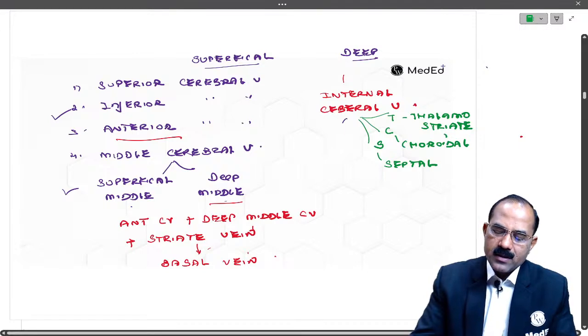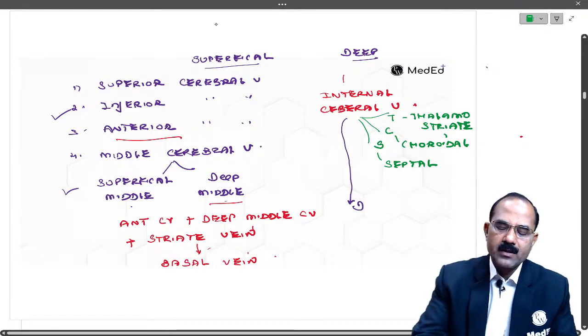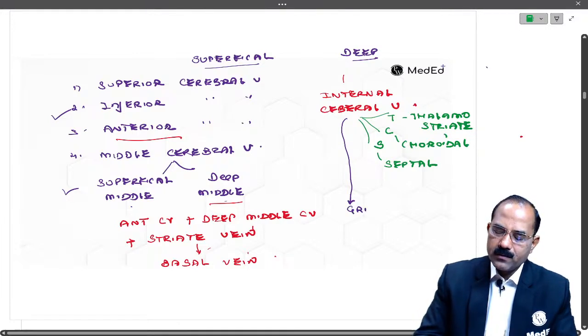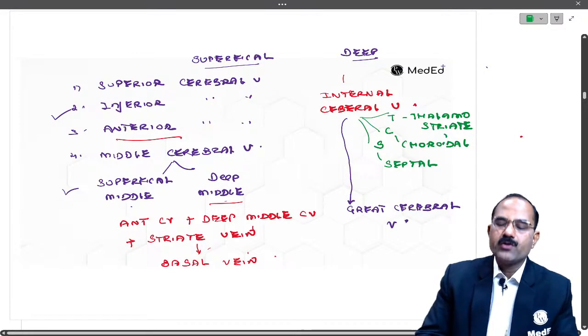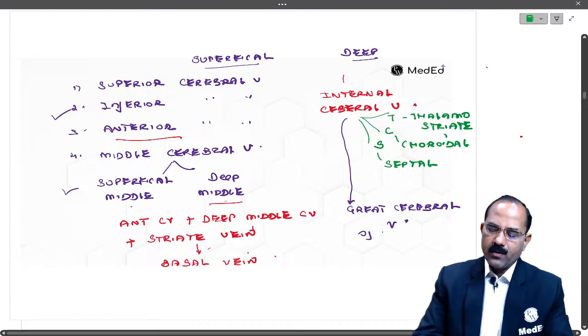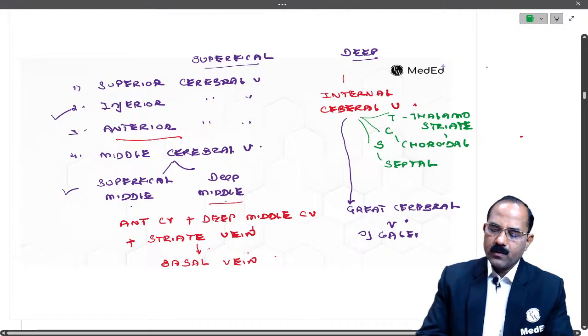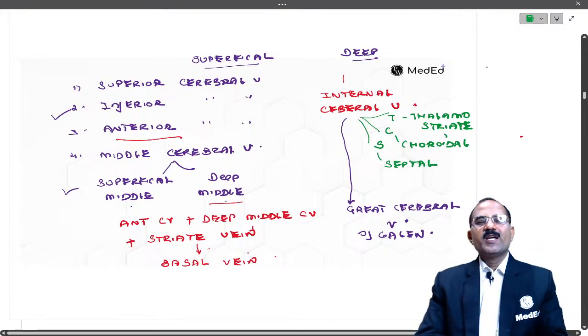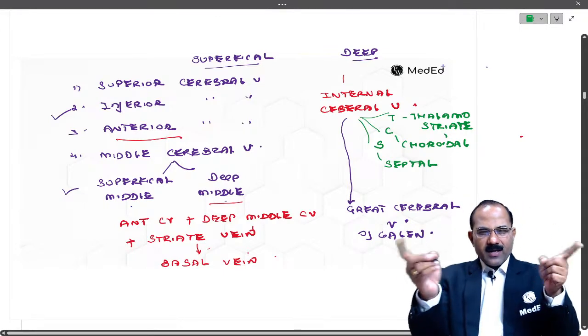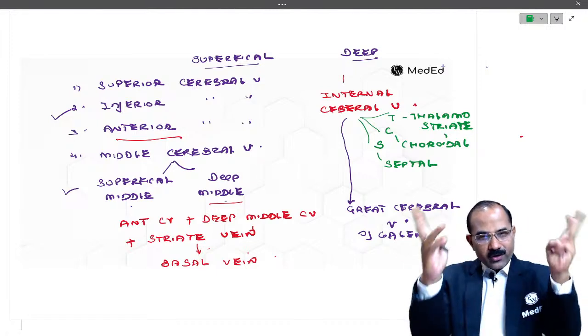The two internal cerebral veins join to form the great cerebral vein of Galen. How is the internal cerebral vein formed? By joining of three veins.